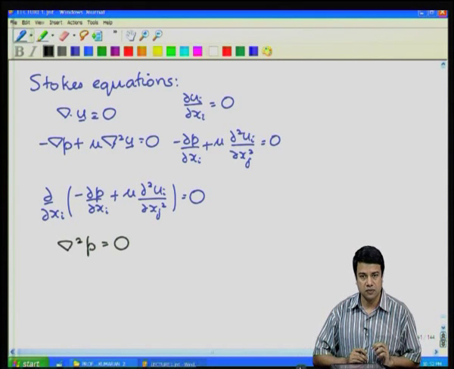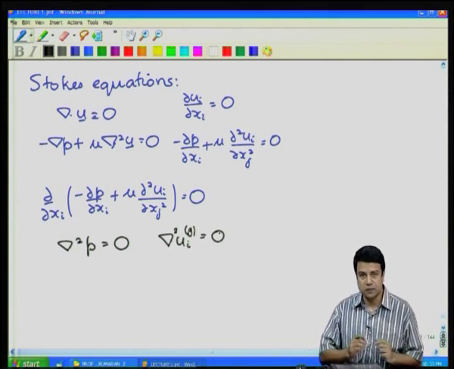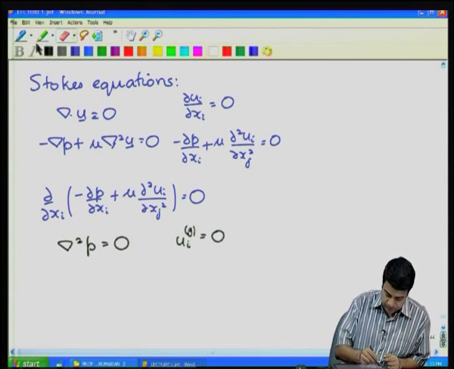One is a general solution which satisfies the homogeneous equation. The homogeneous equation is the equation without the pressure gradient in it, and therefore, the general solution satisfies del square of ui general is equal to 0. Okay, so, that is the general solution for the velocity field.